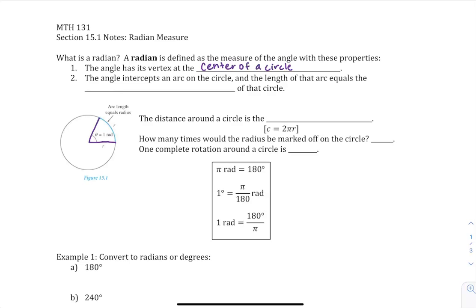If we were to mark off exactly 1 radius worth of distance around that circle, so we take that straight radius and we curve it around the circle, that's going to equal the 1 radian. So let's go through that one more time after we write this down.